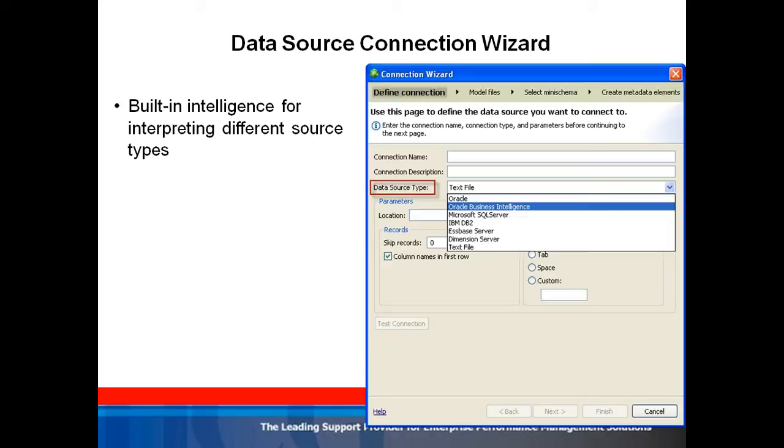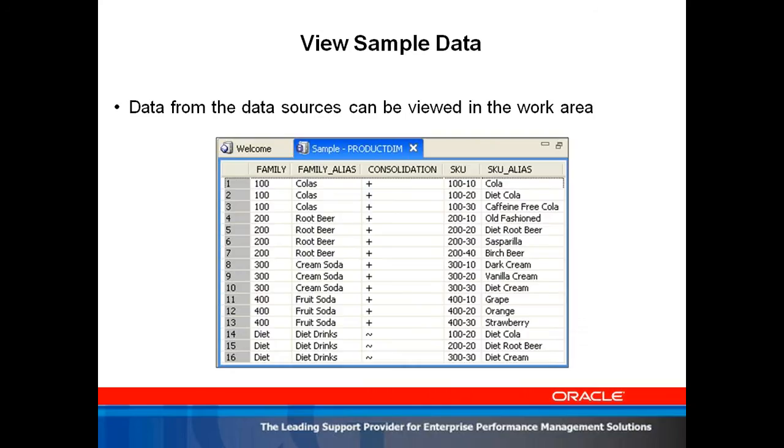The Connection Wizard walks you through the creation of your data sources, and for each of the data source types that Essbase Studio supports, there's a built-in intelligence for understanding specific capabilities that that data source provides.